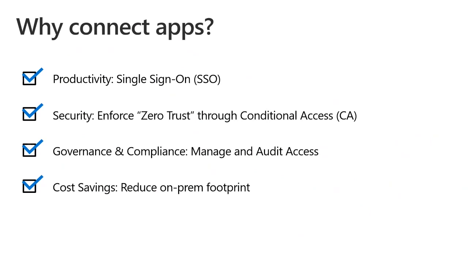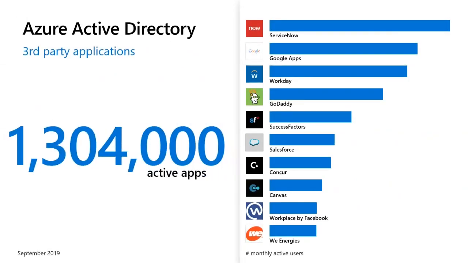For example, if you have to run today an on-prem ADFS farm, maybe geo-redundant to have the best high availability scenarios, then this can be a super complex and super costly environment. Therefore, you have to look into how you can get this done more easily by just connecting the applications to Azure AD and getting all the security benefits out of this.